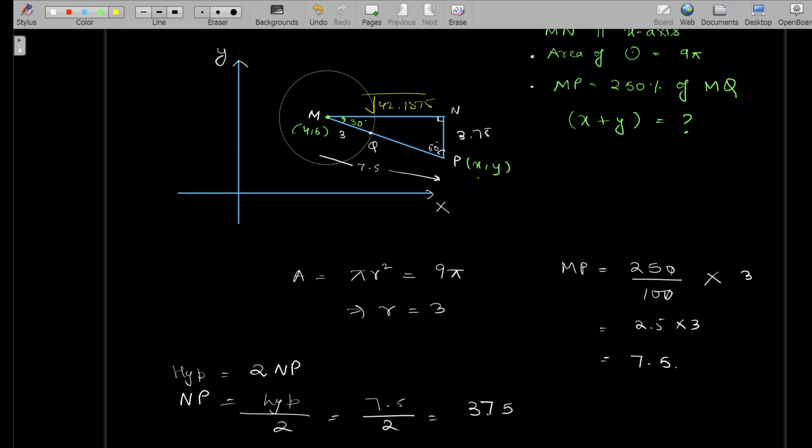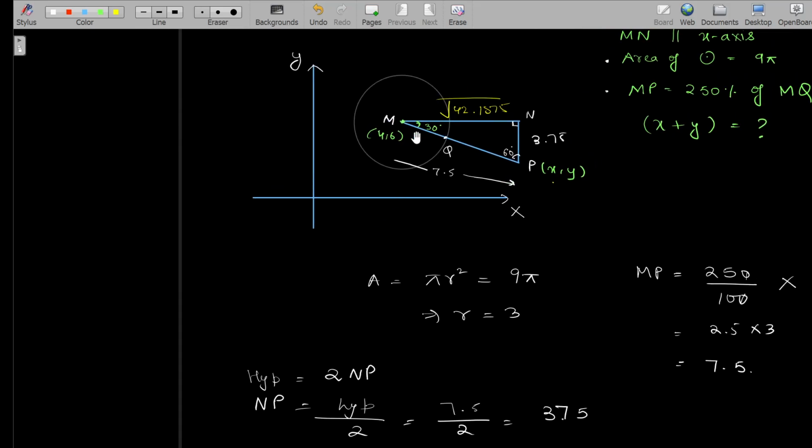So that means MN is the square root of 42.1875. If you look at this figure, for your x coordinate, this length is the square root of whatever, and this much distance is 4 because this point is 4. So this whole distance will be 4 plus the square root of 42.1875.